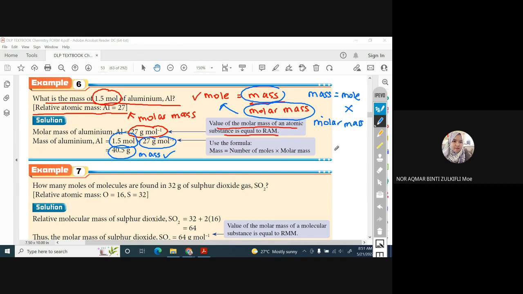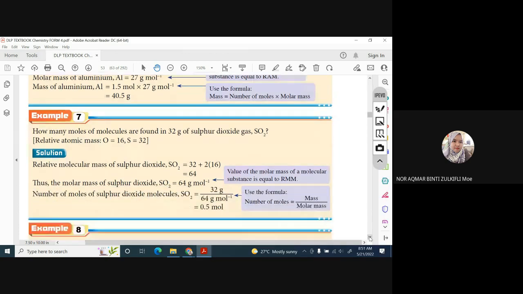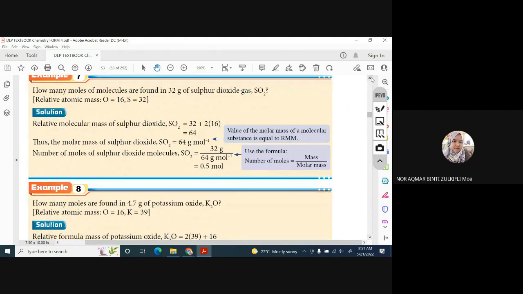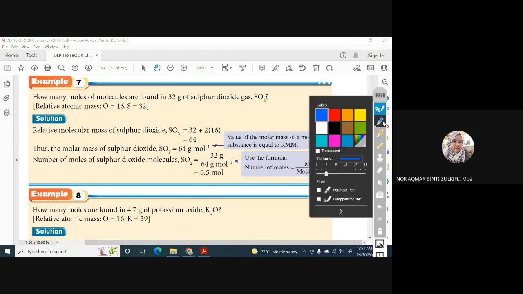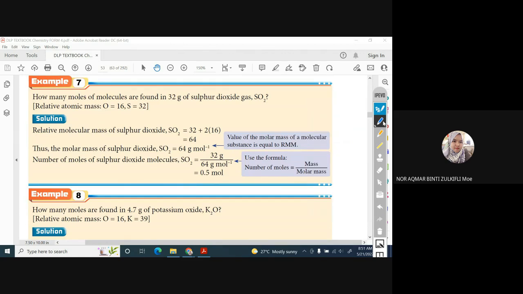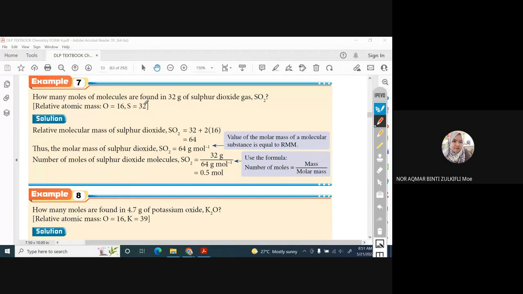Let's look at example 7. How many moles of molecules are found in 32 gram?